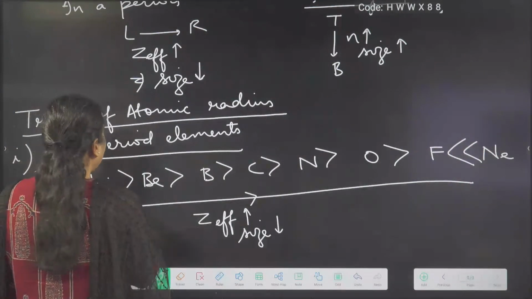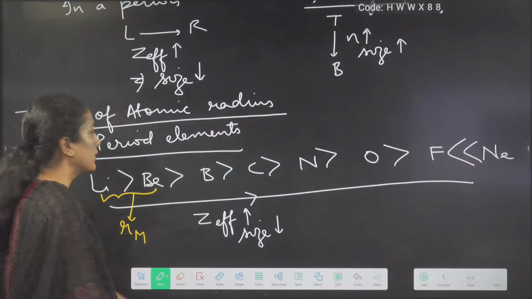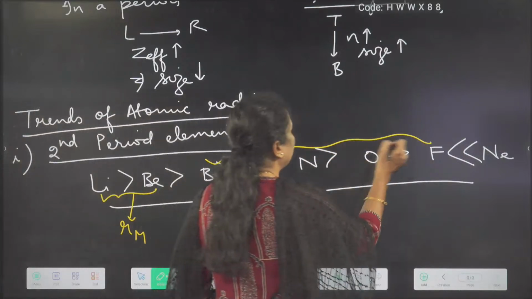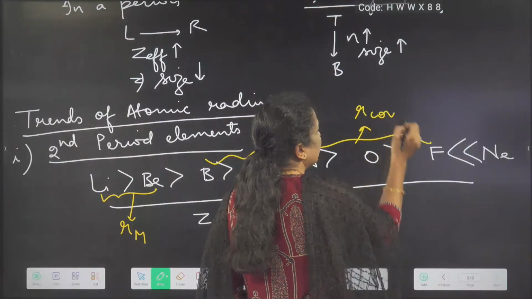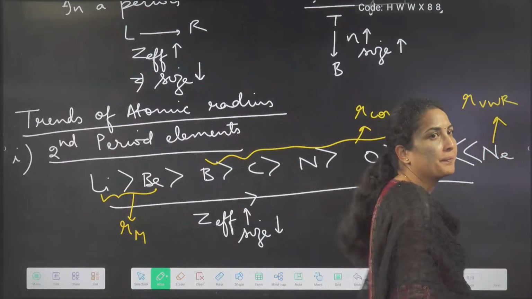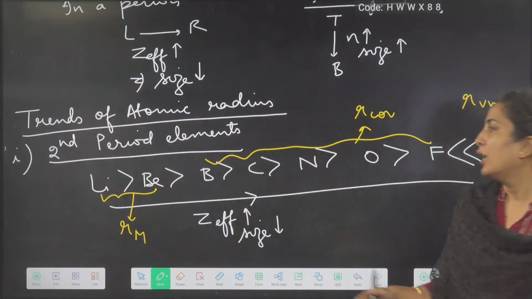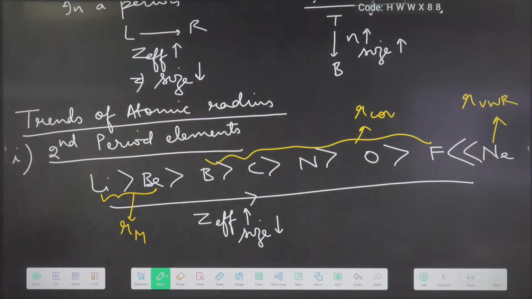So you should be aware that when we are talking about these two, we are talking about metallic radius. These two are metals there. When we are talking about them, they are all non-metals, so I am talking about the covalent radius. And for them, just now we have seen that the van der Waals radius will be defined. Because of that, you know that metallic radius will be more, then comes covalent radius, then comes van der Waals radius.